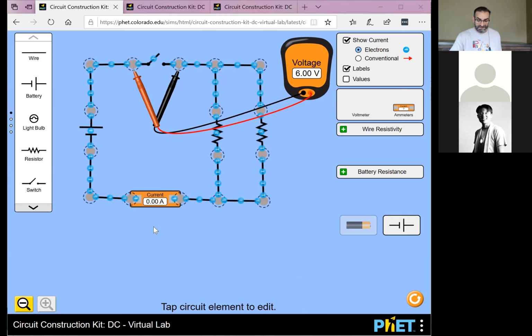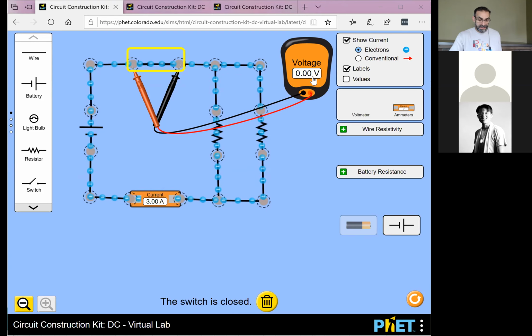All right. So with the switch open, 0 amps, 6 volts. With the switch closed, 0 volts, 3 amps.